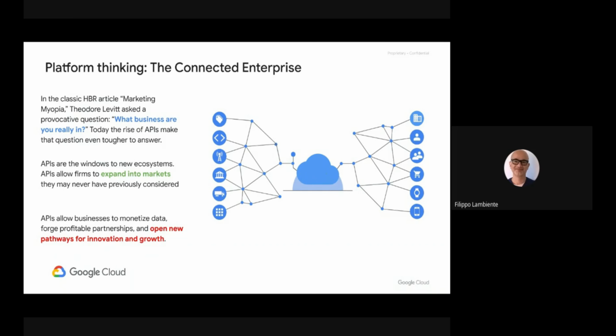There was a famous article from the Harvard Business Review that asked a provocative question related to the enterprise: what business are you really in?